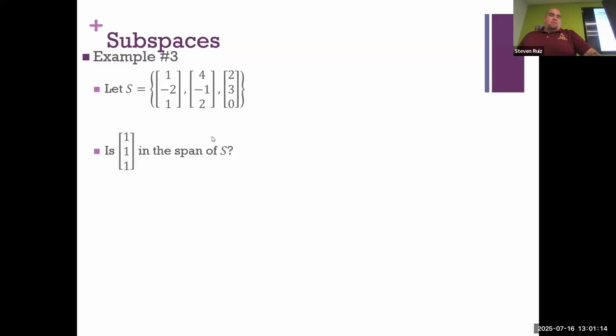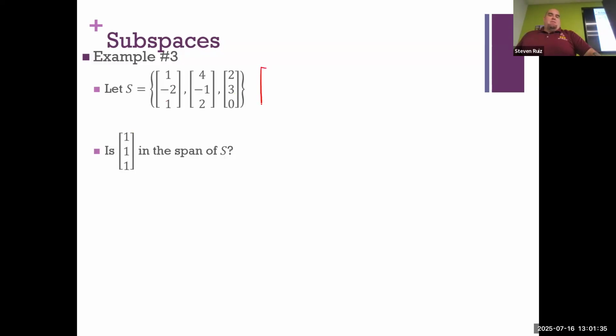So now I want to know, is 1, 1, 1 among those vectors? So basically, is 1, 1, 1 a linear combination of these three vectors? So we started looking for that yesterday, right? So how did we set that up? Right.